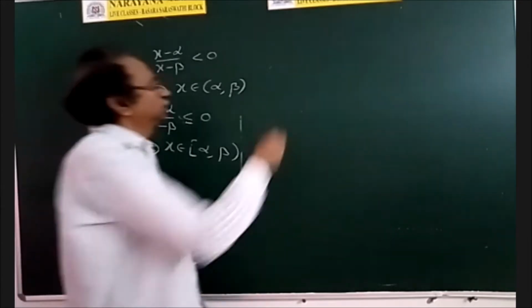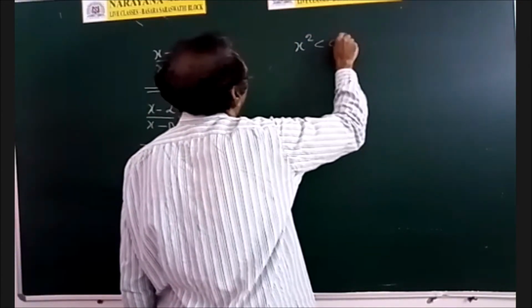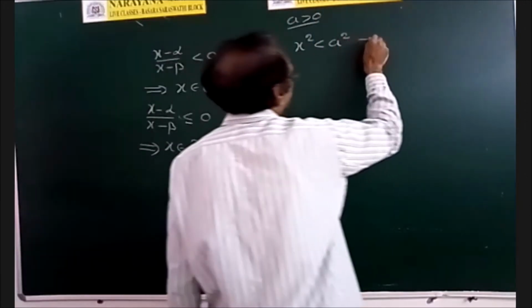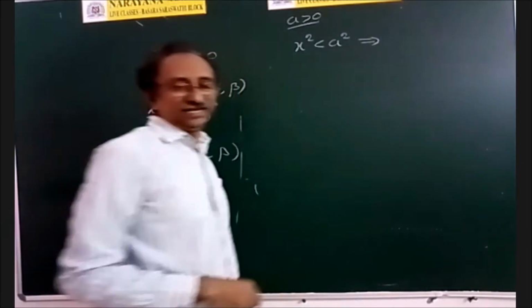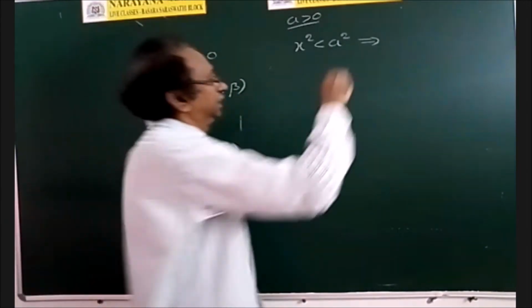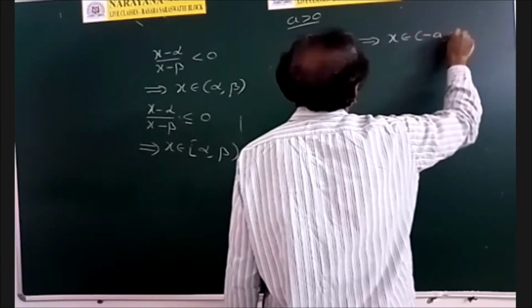Okay, now, not only that, this one also you can remember: x square less than a square. So consider a positive. Immediately you should not write x less than a by cancelling the square terms. You should not write x less than a. So x belongs to open interval minus a comma a.